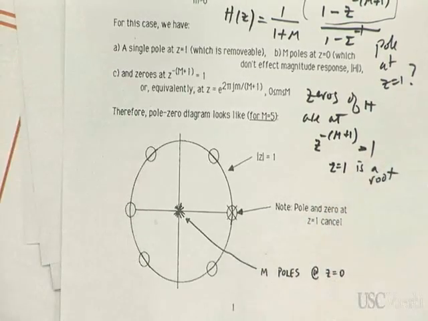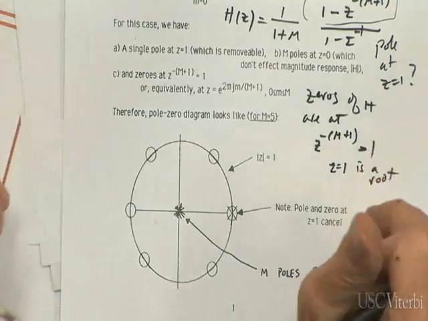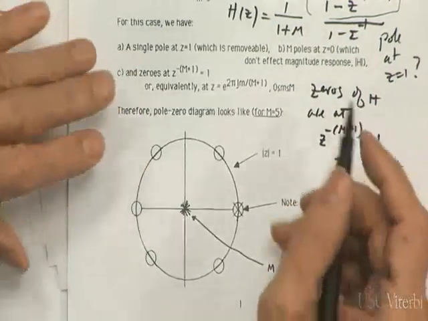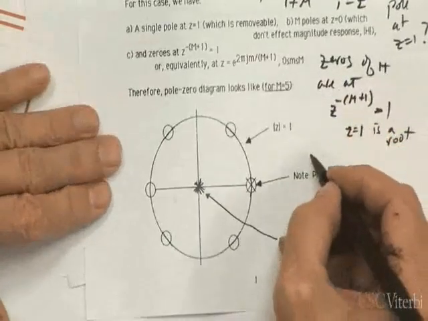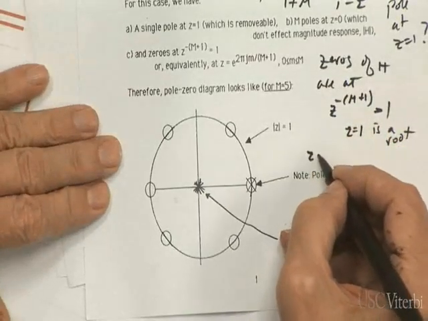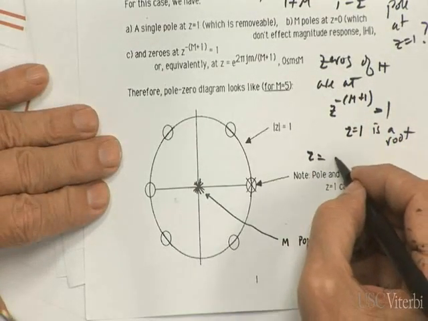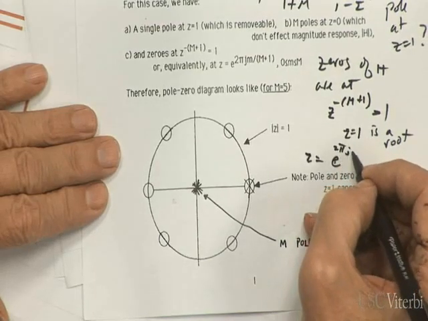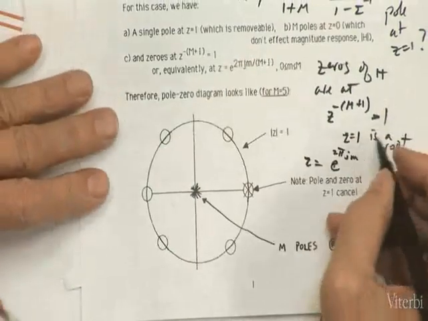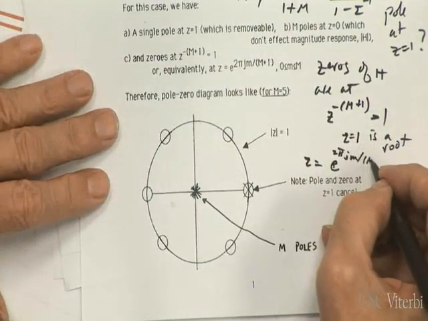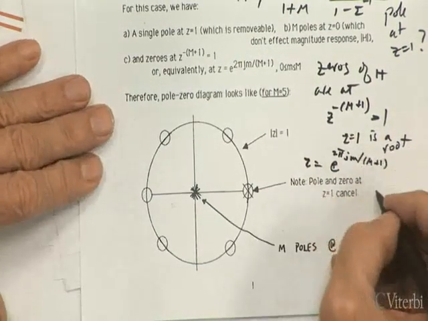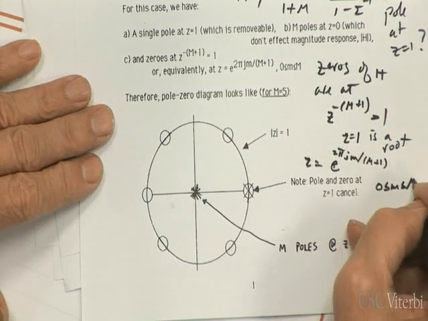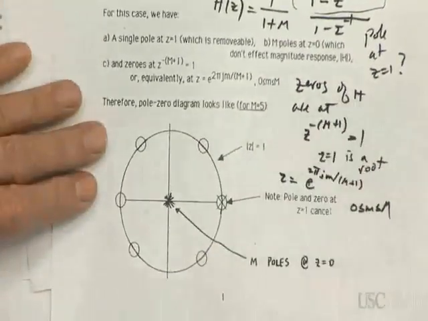What maybe isn't quite as clear is that there are more roots and they all occur around the unit circle. In fact, z equals e to the 2 pi j m over (M plus 1), for 0 less than or equal to m less than or equal to big M. These are all the roots of this.